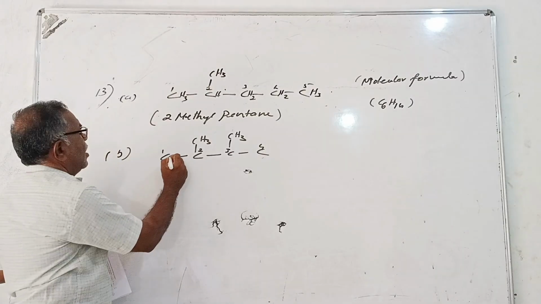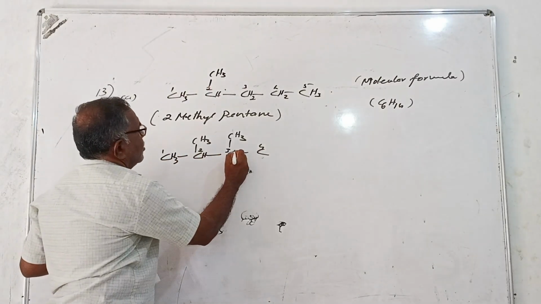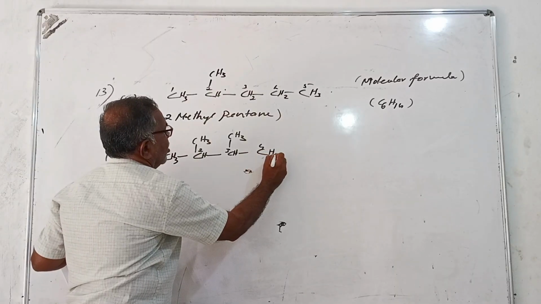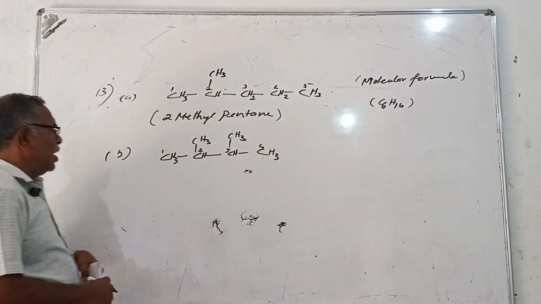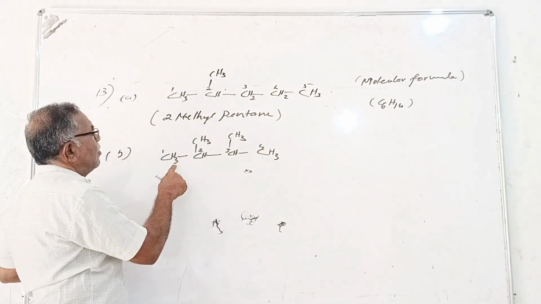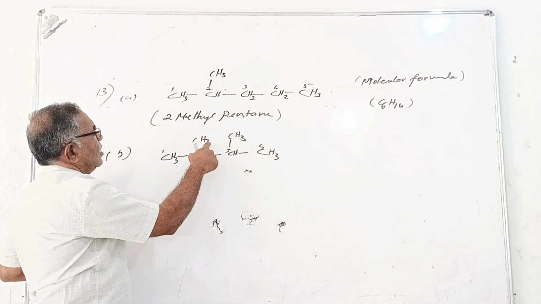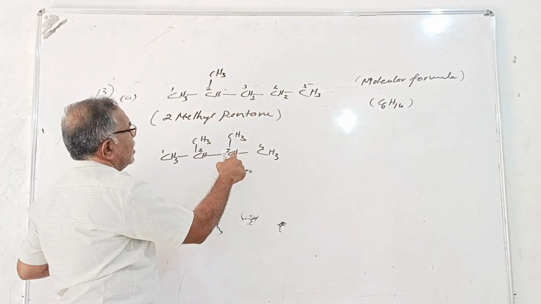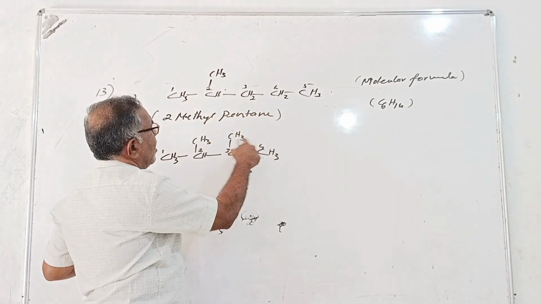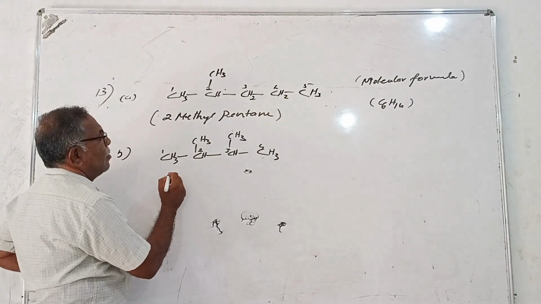Here hydrogen 3, here hydrogen 1, here also 1, and here 3. So carbon 6, hydrogen 3, 4, 7, 8, 11, 14. Okay, now the structural formula is done.